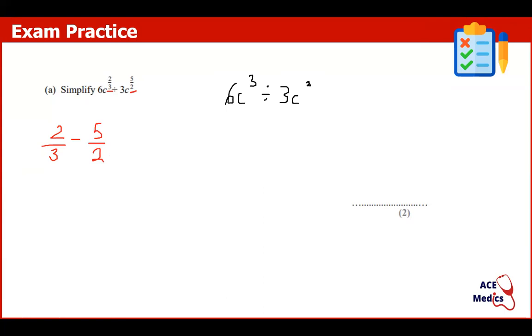Yes, fantastic, Simab. Find the common denominator. So you need to find the common denominator for those. Work out what they will be, subtract them. And that's it. Yeah, fantastic.